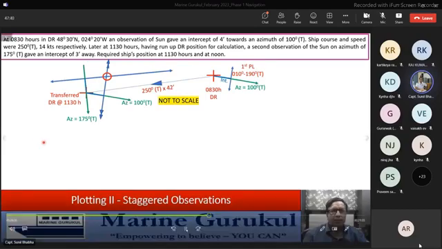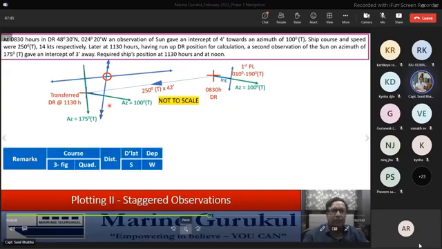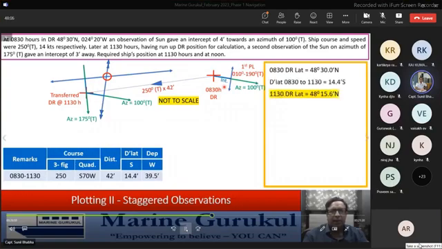So we can apply plane and parallel sailing. Obviously, this diagram was not to scale. So we have this column out here. We have only one leg out here. That is the ship's own steaming. We get the D lat as 14.4 minutes south and departure as 39.5 minutes west. We apply this D lat to the latitude of the 8:30 DR and we get the latitude of the 11:30 DR as 48 degrees 15.6 minutes north.